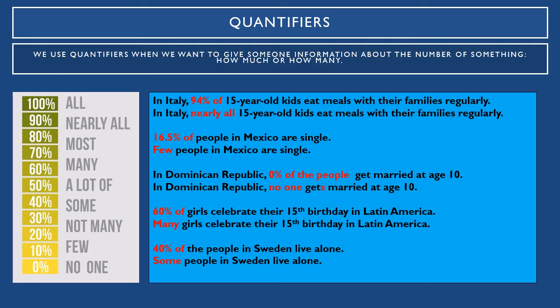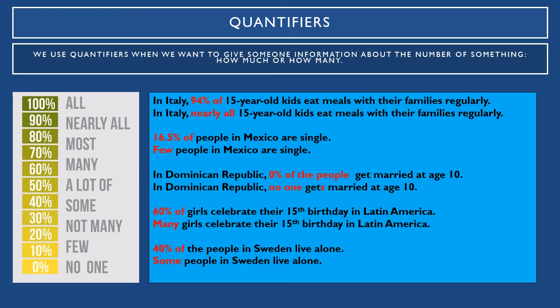Here we have the information about countries. If you check, we have the same sentence in two different ways. The first one is using a percentage, and the second one is using the quantifier that is the equivalent to that percentage. So the first one, in Italy, 94% of 15-year-old kids eat meals with their families regularly.